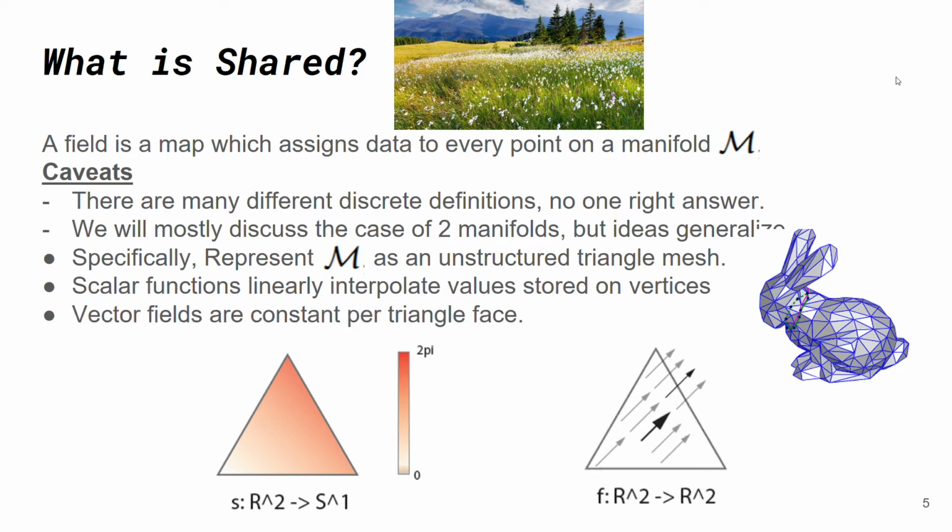Similarly, we'll be representing vector fields as constant fields per triangle face. Okay, so now we have 2 different sorts of data. We have a scalar field, which is represented as a number per vertex, and a vector field, which is represented as here 2 numbers per triangle.